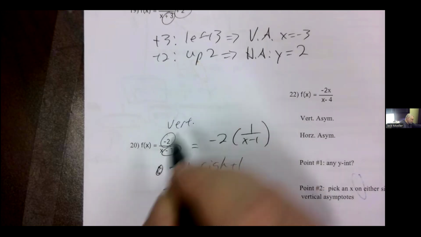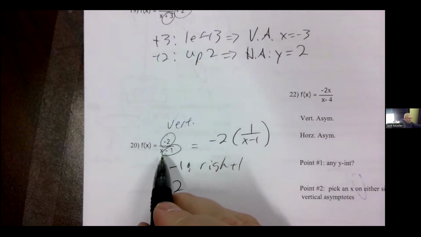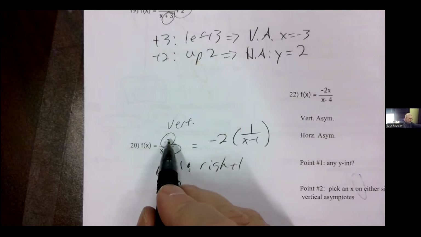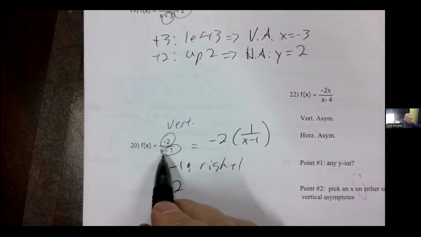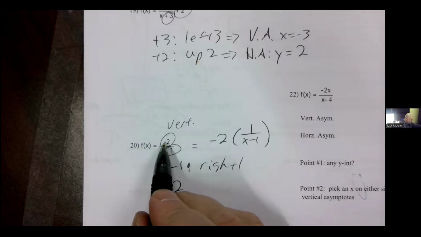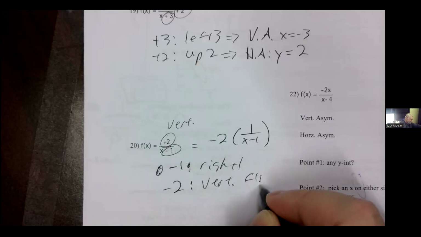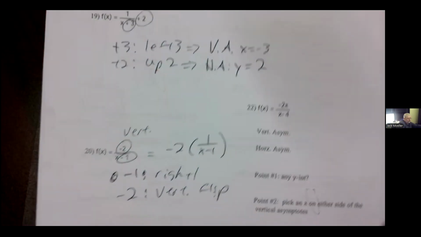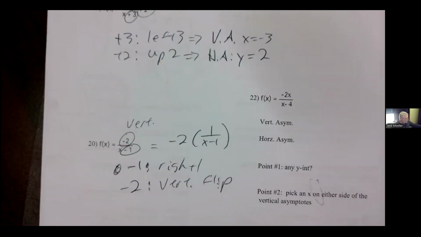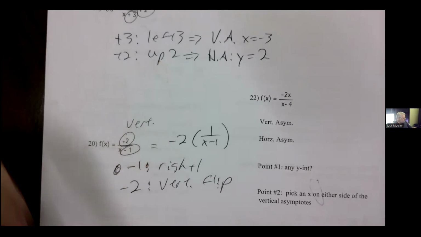To be horizontal, it has to be in the denominator of the fraction, because that is up there, that's not with the x; down here is with the x. Okay, so that negative 2 is a vertical flip. And the 2, that's just a shrink or stretch. You don't really need to worry about that. You just need to know the negative is a vertical flip.